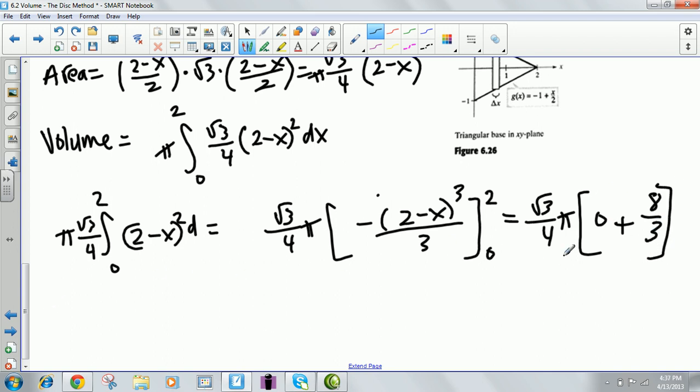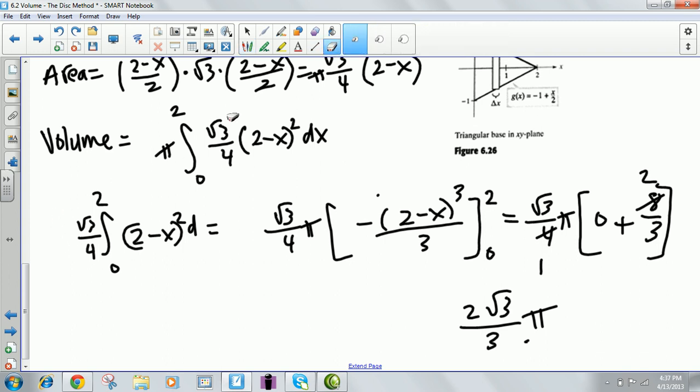And then when you put this all together, you end up with radical 3 over 4 pi times 8 thirds. These will simplify down. That simplifies to a 2, that to a 1. So you'd have 2 radical 3 over 3 times pi. Wait a minute, why did I throw that pi in there?